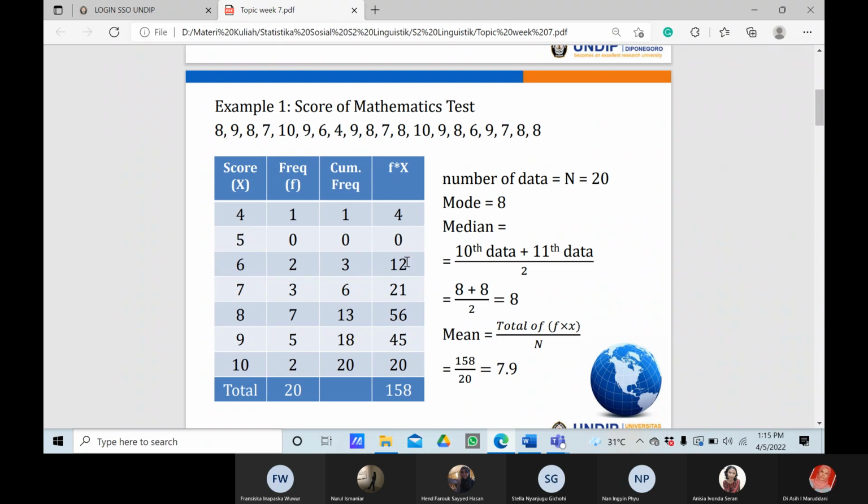The third row, you can calculate from 2 times 6. Then this cell or row will be 12, and so on. And the last row will be for score 10. You have to calculate 2 times 10.